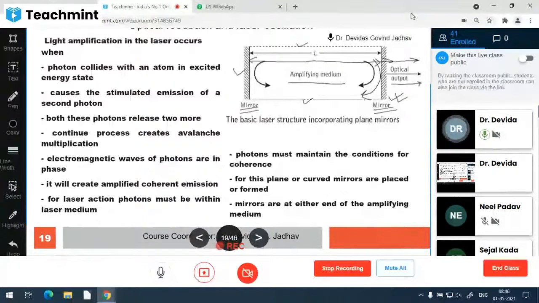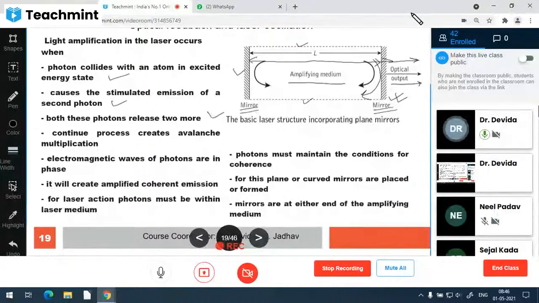Photons are also electromagnetic waves. A photon collides with an atom and excites the energy state, and that stimulates the emission of a second photon. The first photon and second photon are in phase. They collide further with more atoms, and those also emit energy in the form of photons. The stimulating photon and stimulated photon are all coherent, and they collide with many more atoms and generate more photons.